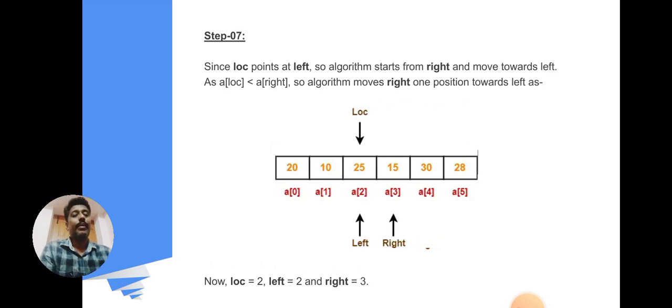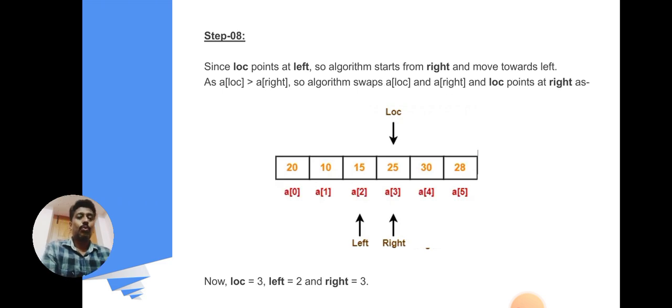Then the right pointer is chosen to compare here. A of location value is 25 and A of right is 15. So the value is compared with the less than operator. Then we move right one position towards the left.